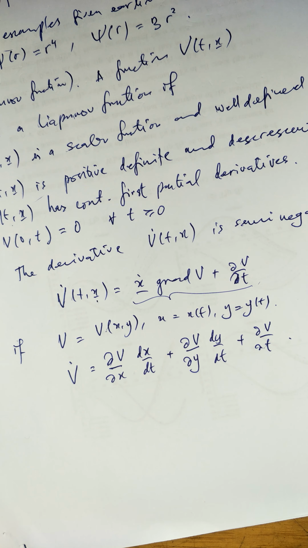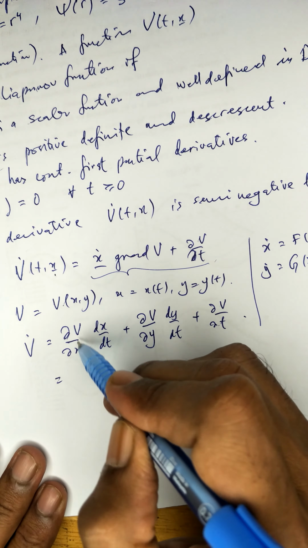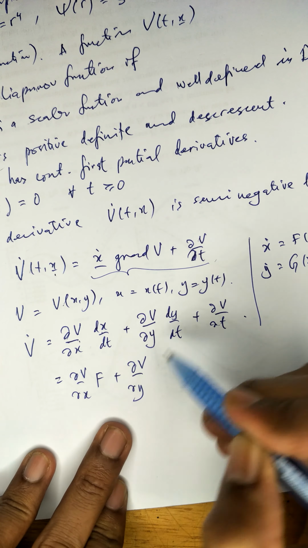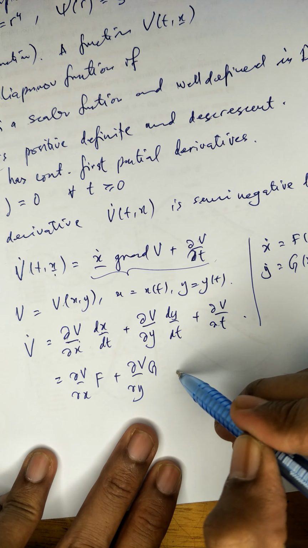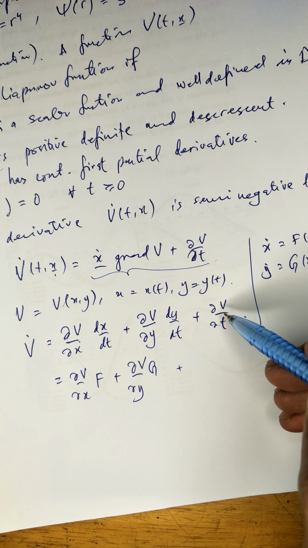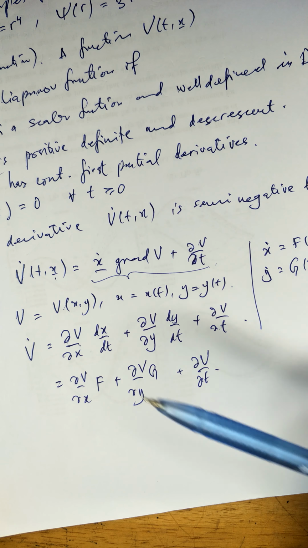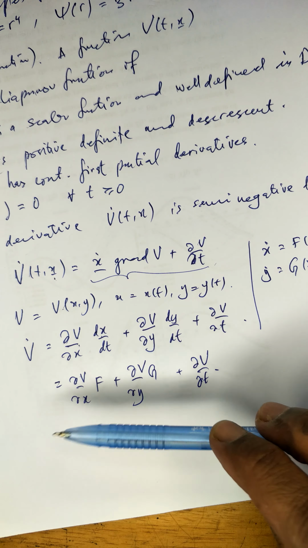If we take x dot as f(x, y) and y dot as g(x, y), then V dot equals del V del x times f plus del V del y times g, plus del V del t. So this is the meaning of those things.